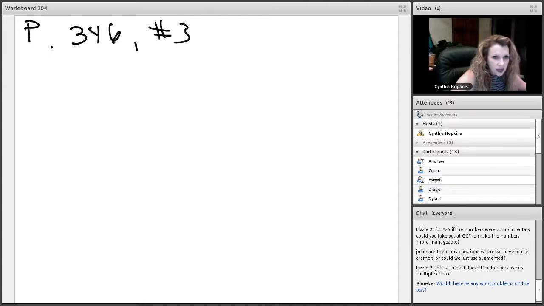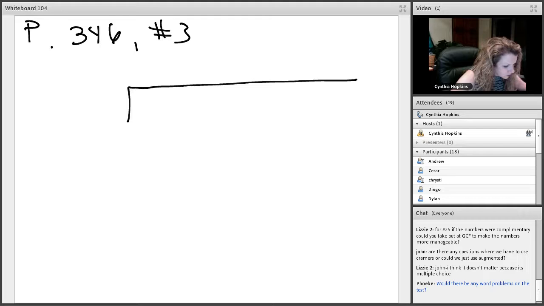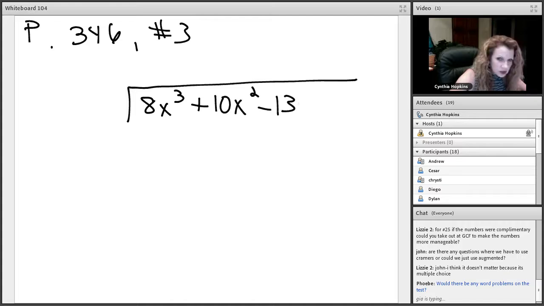I'm going to go ahead and write it so I'm ready to divide. So my numerator of my fraction goes inside this division symbol. So that's called my dividend. So 8x cubed plus 10x squared minus 13x minus 20. And they want us to divide that by 2x plus 3.